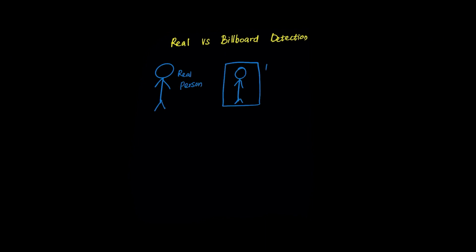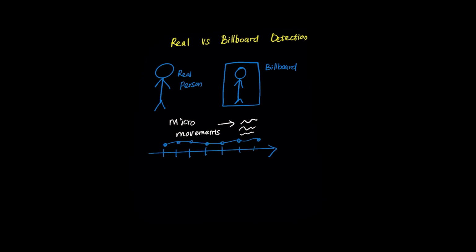Motion pattern analysis is the critical capability for distinguishing real pedestrians from billboard images. Even when standing still, real humans exhibit micro-movements like breathing, slight swaying, or head turns that static images never display. The perception system tracks these subtle motion signatures over time, building confidence that movement indicates a living person.